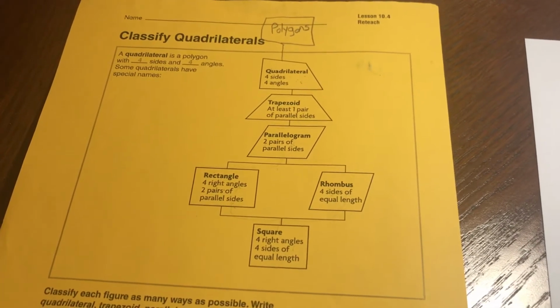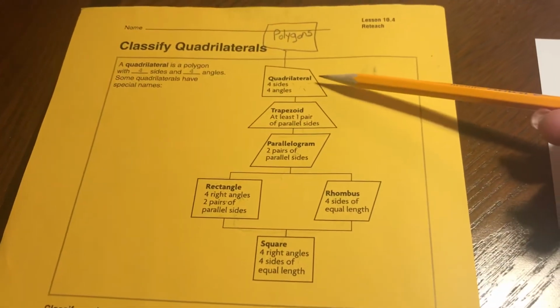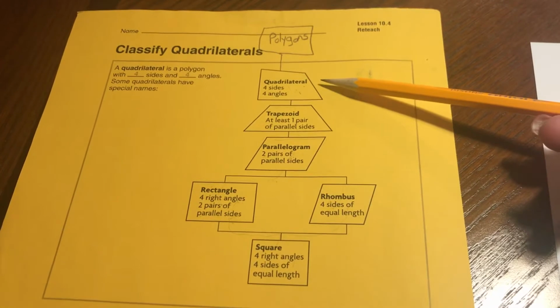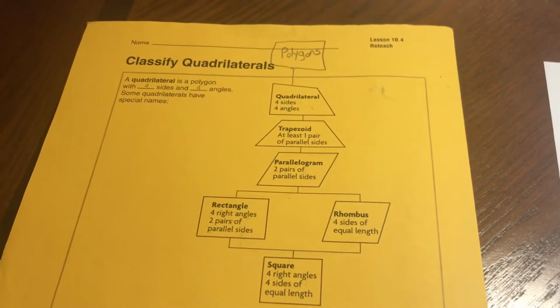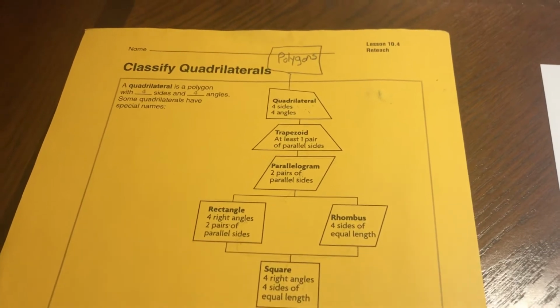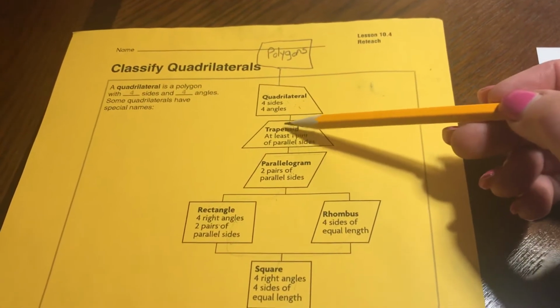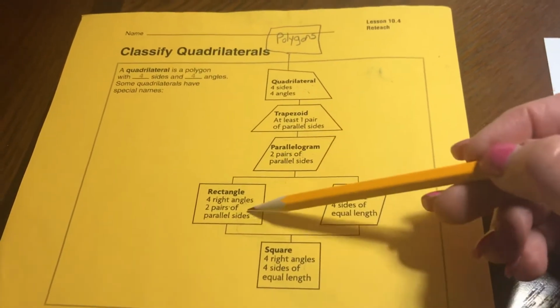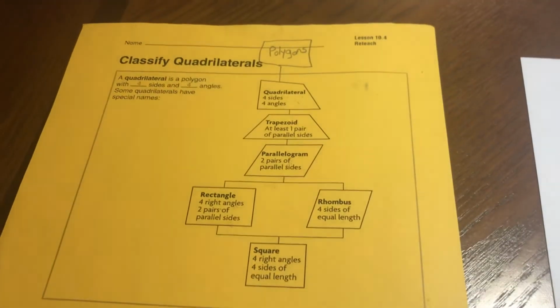I love this because it's like a flow chart again. It starts up at the top. We were talking about this yesterday, that it's very broad. It's not very specific. You don't have to have too many qualifiers to be the top guy. But as you go down the line, there's more and more qualifiers to be considered that particular shape.